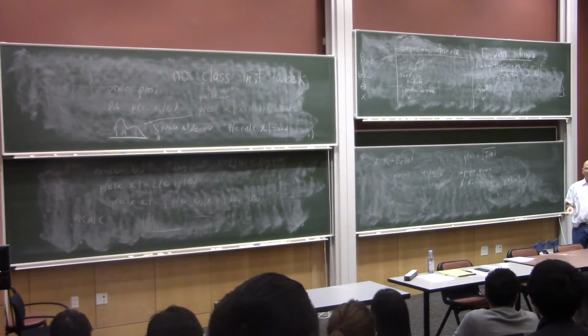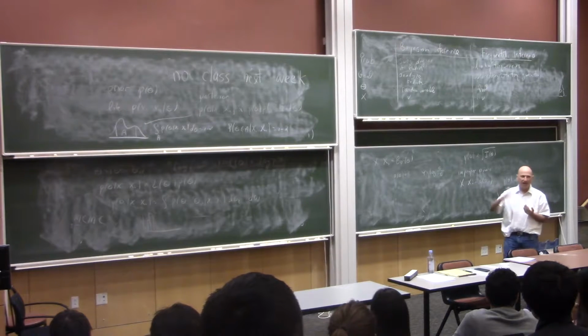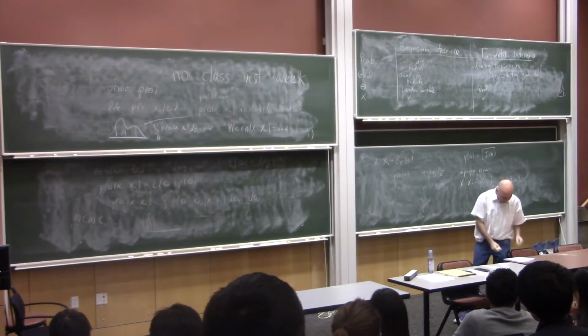They were irrelevant philosophical arguments because in practice it didn't matter much. But today, when we're dealing with problems with thousands or millions of parameters, you can't just say the data is going to wash out the prior anymore. So that's not true anymore.